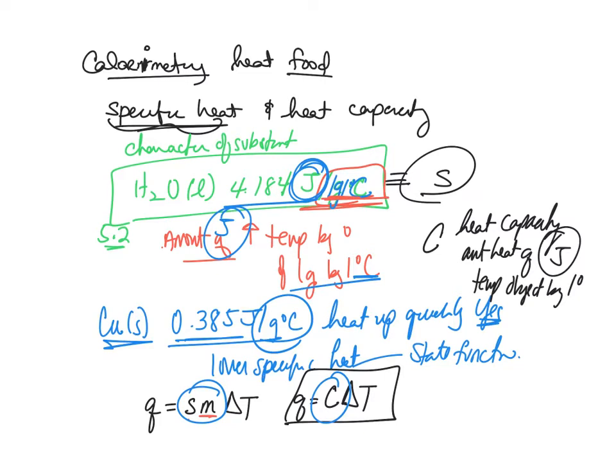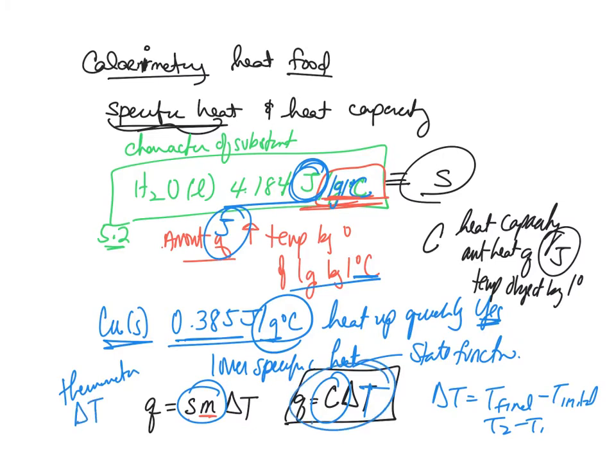So you can take the heat capacity times the delta T. Delta T is the change of temperature, so T final minus T initial, T2 minus T1, because it's a state function, capital letter. Now, you use a thermometer, folks, to measure the change of temperature. And this is how we relate change of temperature with substances to the amount of heat of something.